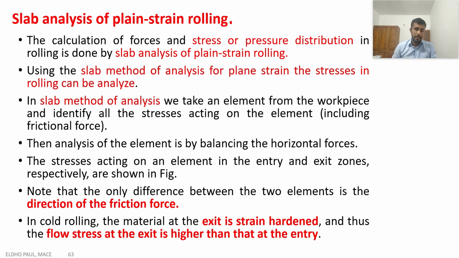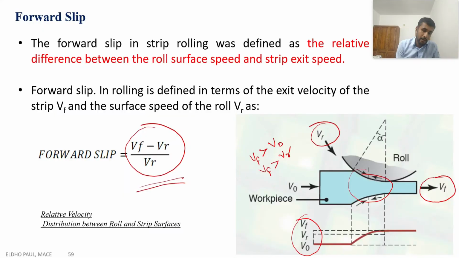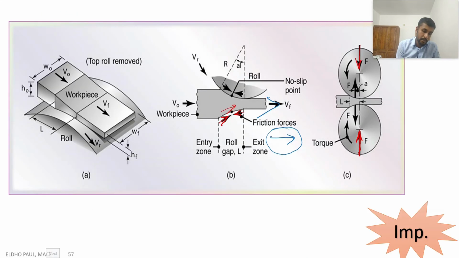What is plane strain rolling? In case of plane strain rolling, the strain in a particular direction will be zero. We already discussed that for a rolling process, there is no change in the width of the workpiece during the rolling process. That means in this direction, the deformation or strain is equal to zero.